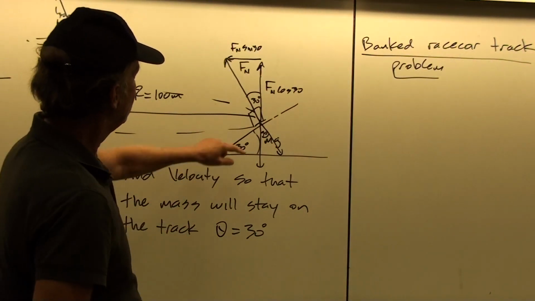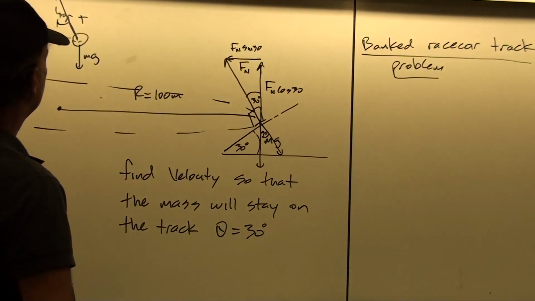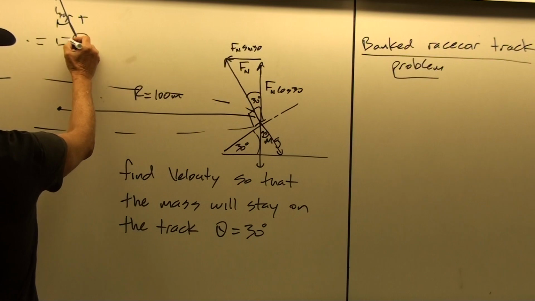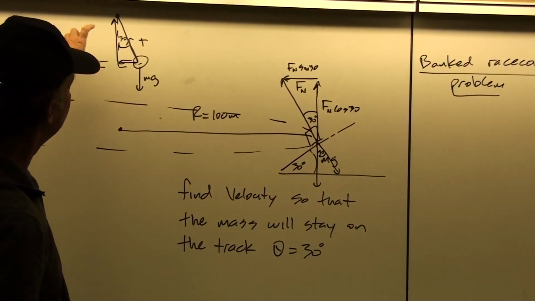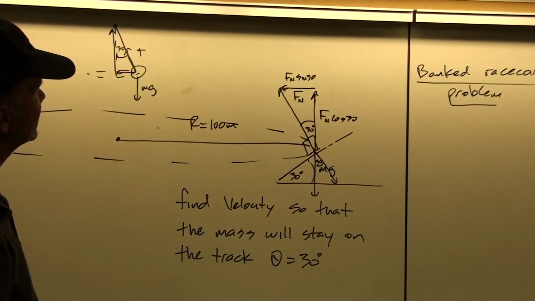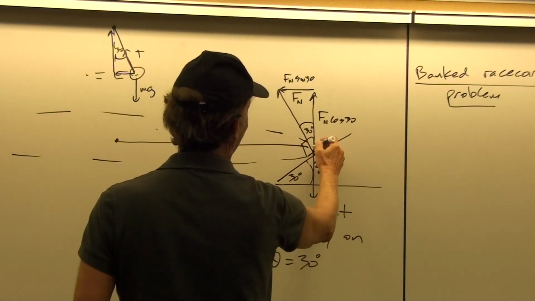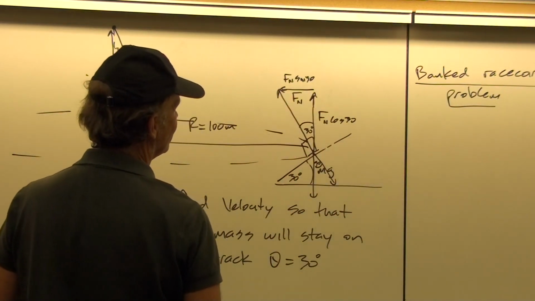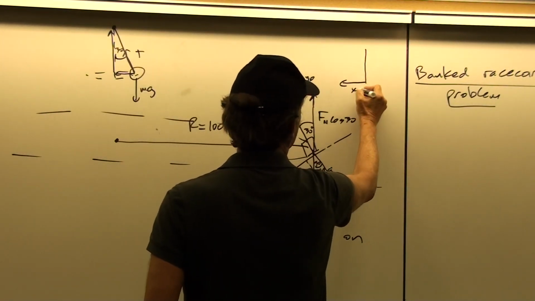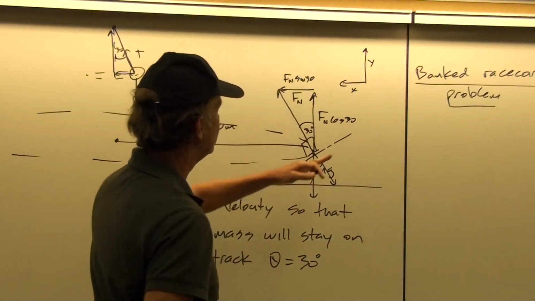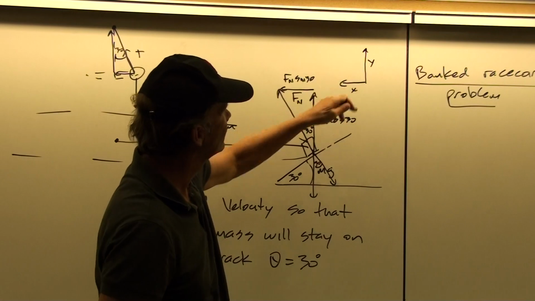Okay, and so here it's the normal force that is having to do double duty. Remember here, it was the different components of the tension. One had to support the weight and one had to make the mass go in a circle. Here, this component supports the weight and this component makes it go in a circle. And so, even though we're on an inclined plane, we say, well, I thought you told me to make the coordinate system along the plane, not horizontal and vertical.